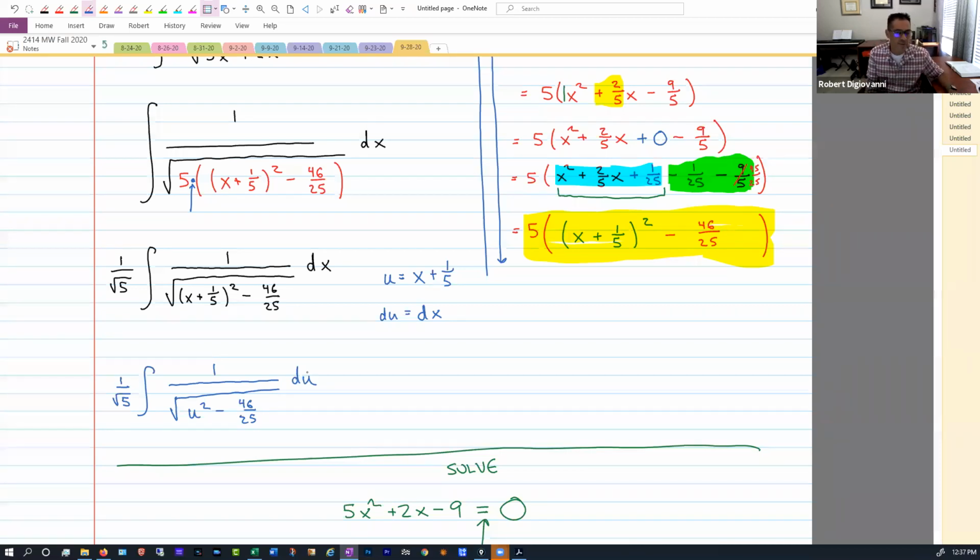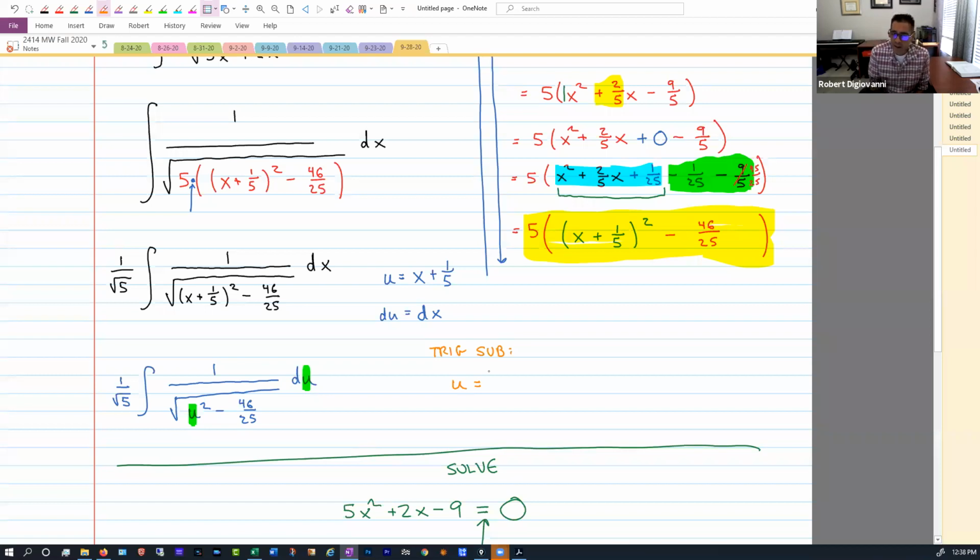Now I have something I can use trig sub with. Do y'all see that? Now I'm using u in the problem, not x, right? So we would now make a trig sub. And instead of writing x equals a sine theta, or x equals a tangent theta, we're going to do u equals whatever the trig sub is.